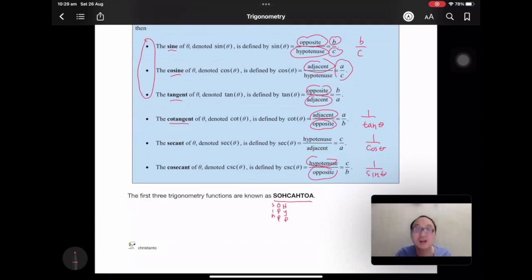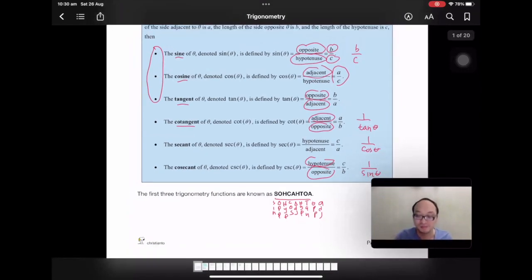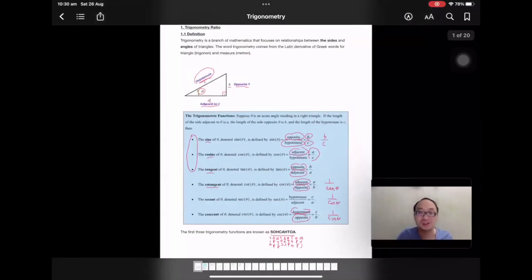CAH: cos is adjacent over hypotenuse, and TOA: tangent is opposite over adjacent. We can use this term to easily memorize the trigonometric ratios.